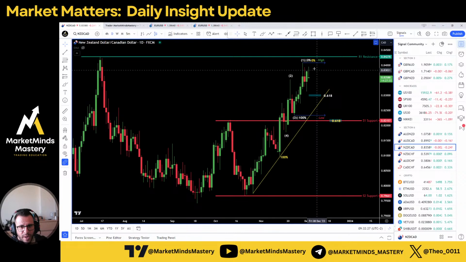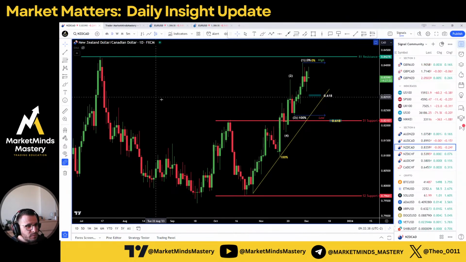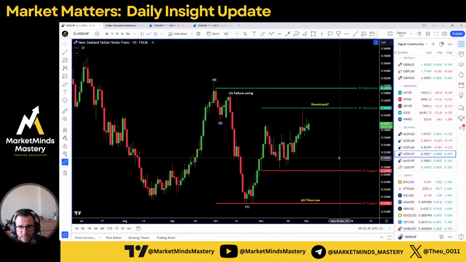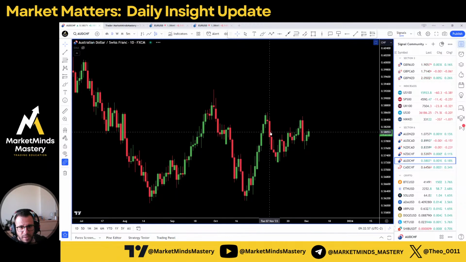I'm looking for the price to retrace, and as long as we maintain the structure of higher highs and higher lows, I will be looking to buy at this point here. New Zealand CHF, that's a big question mark. Are we in a downtrend? Some structure from here indicates a downtrend. I will see what's going to happen.